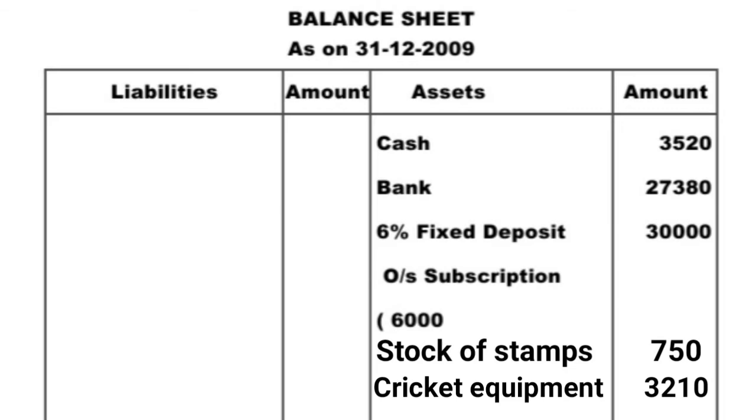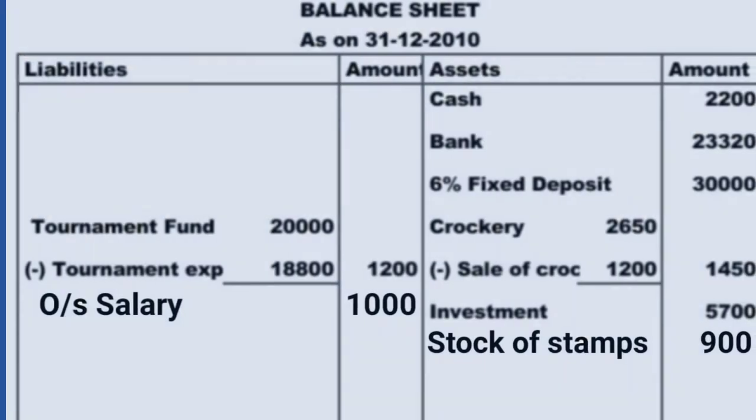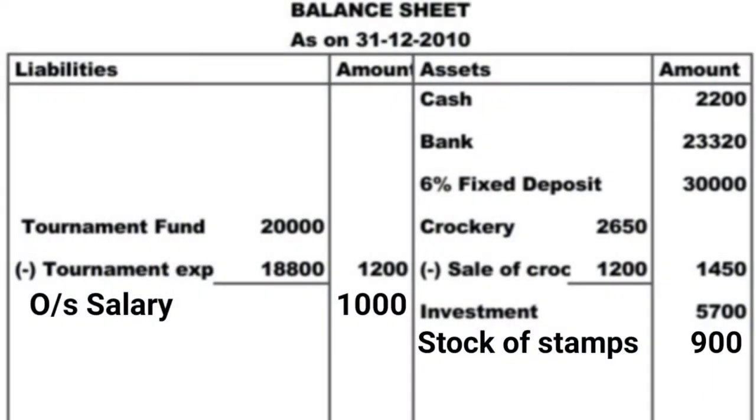We need to continue this asset to the current year also. So in the current year balance sheet, we can write cricket equipments, inner column, rupees 3,210. This is the previous balance or the last year balance. So first, the previous balance we need to continue, then update.